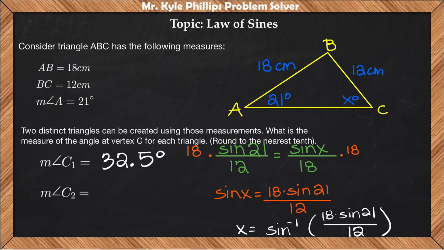Now, this would be the measure of angle C1 because this is the value of the first angle we found. Now, they tell you to look for angle C2. Because they gave us this hint that two triangles can be created, we know that this leg here, the leg that is directly across from the given angle, is what is referred to as the pivoting leg with the ambiguous case.